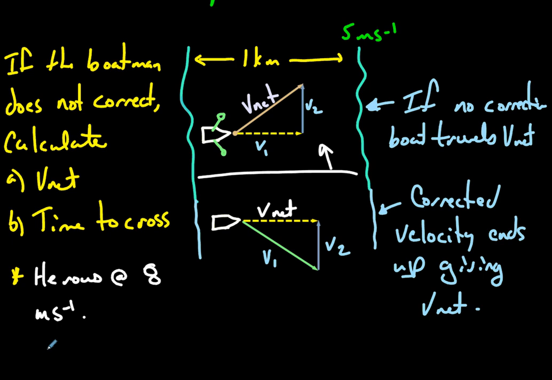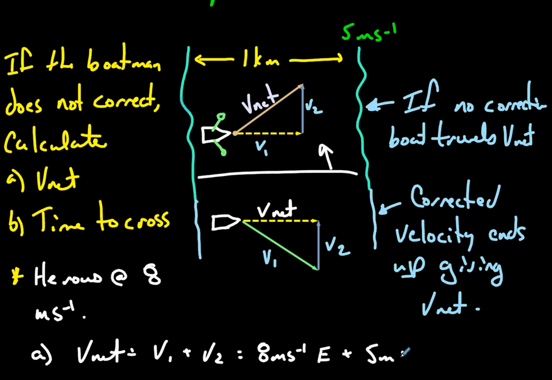So all we're going to do is say, okay, so V net, of course, is going to be V1 plus V2. In this case, that's 8 meters per second to the east, plus 5 meters per second to the north.